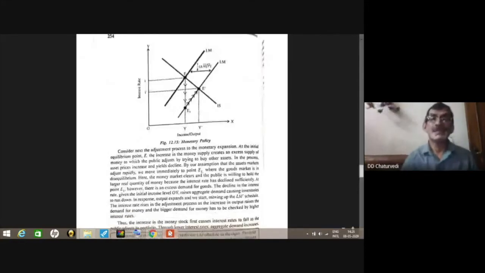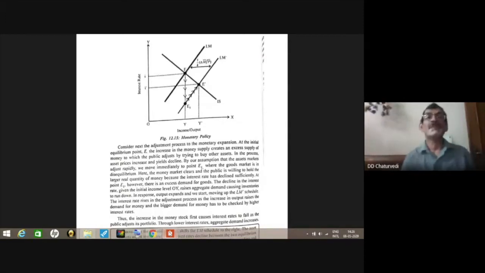Well, student, we can understand this figure wherein we have written that the gap between two LM curves is given by 1 upon K within bracket delta M divided by delta P. We also know that the relationship between K and output is direct.